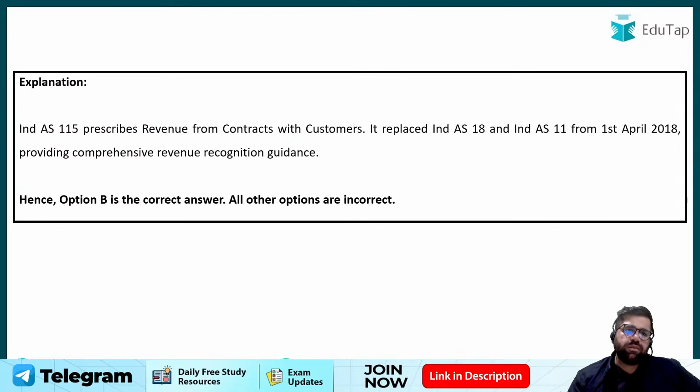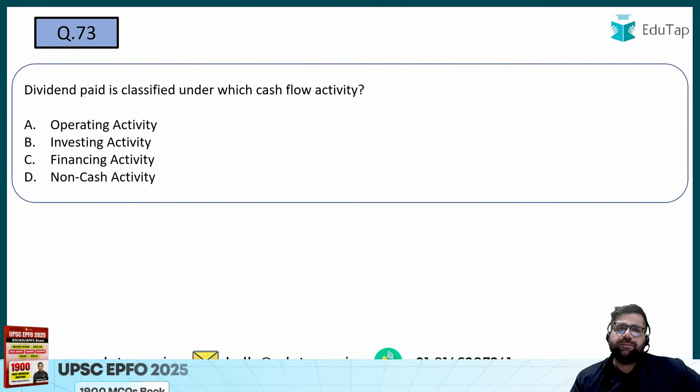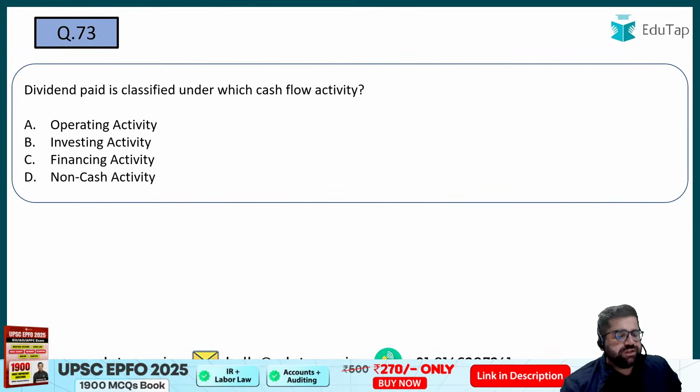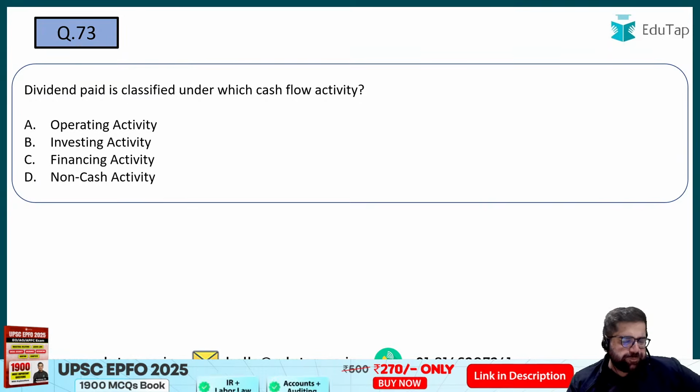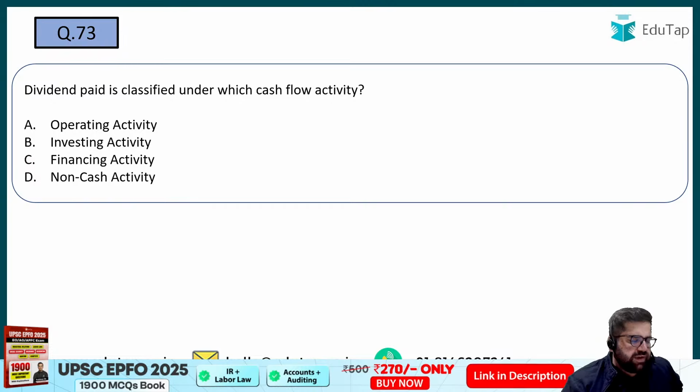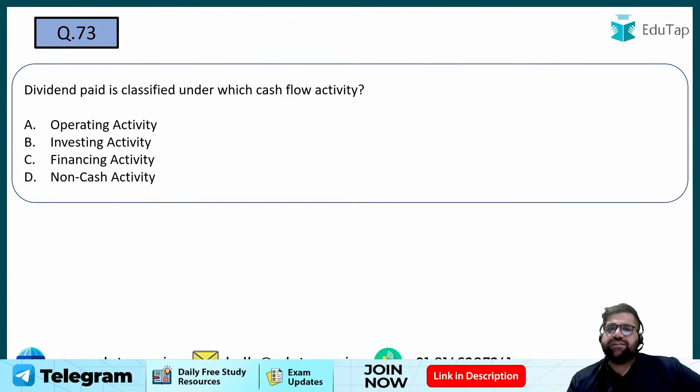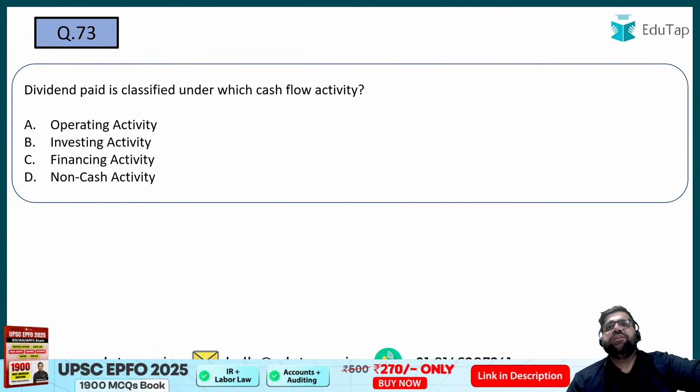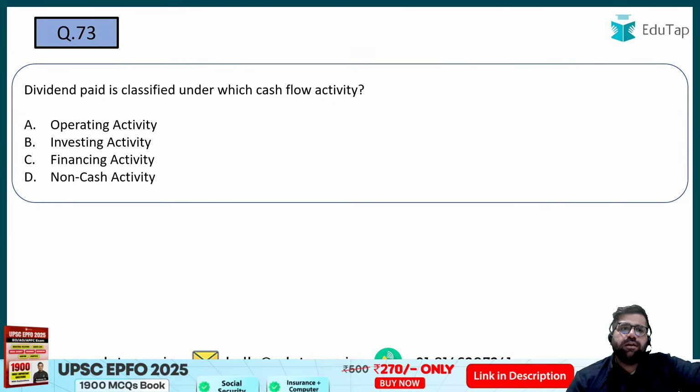Right? Let's go. Question number 73. This is quite a confusing question, so take your time to address it. Dividend paid is classified under which cash flow activity? Dividend paid, not received. If I am paying a dividend, it basically means that I am giving a dividend to my shareholders, isn't it?